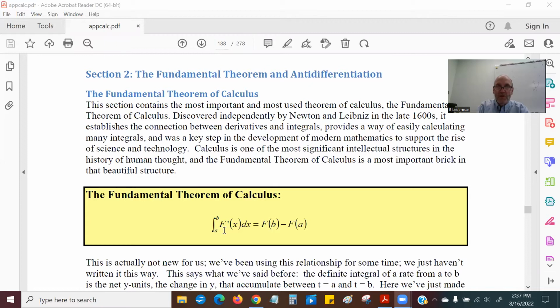So if I have a function which is a derivative of some other function, and I want to find the area under the curve between a and b, I take f without the prime, which is the antiderivative, plug in the top number, plug in the bottom number, and then subtract. And that, my friends, is the story. That is how the professionals do it.